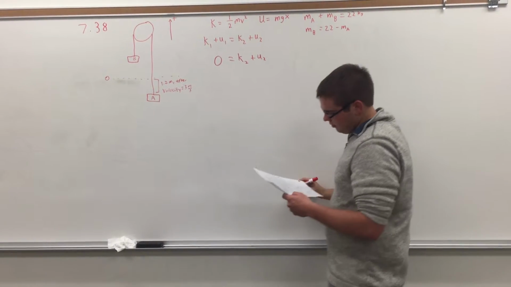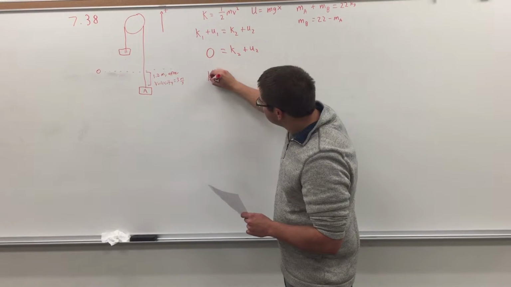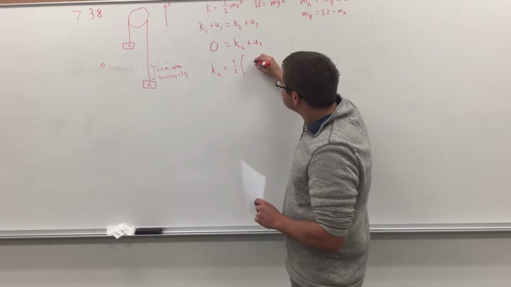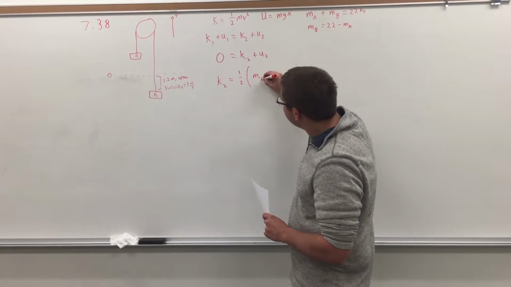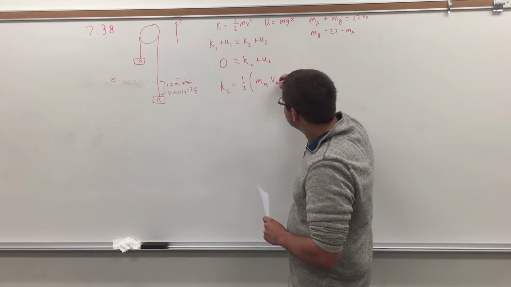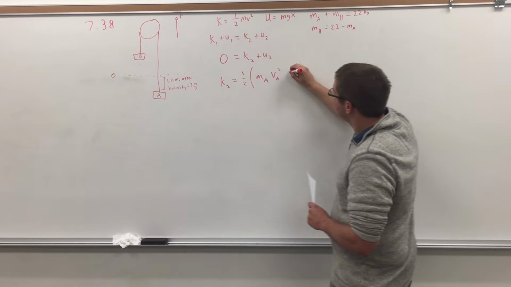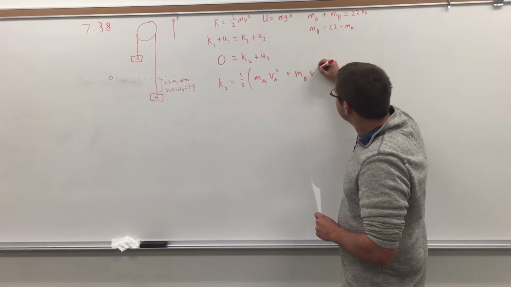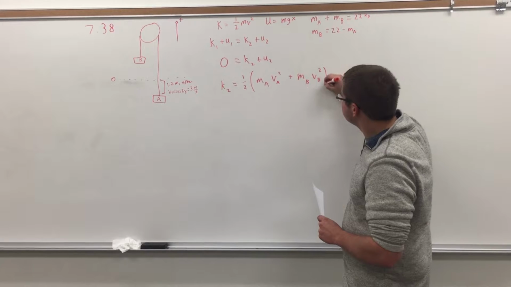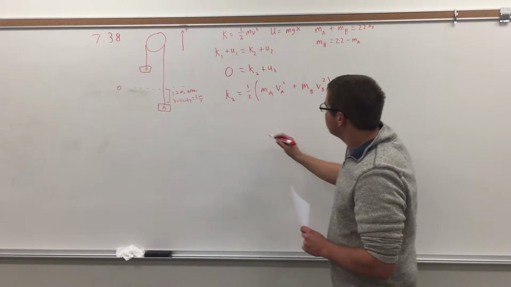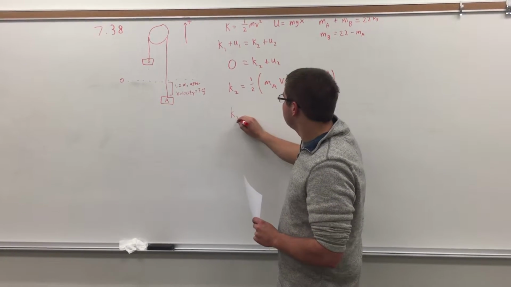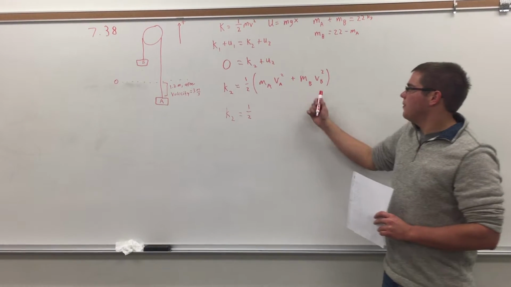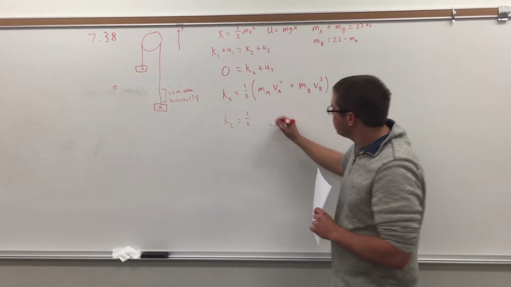So now let's solve for K2. And so K2 is going to equal 1/2 times the mass of block A times the velocity of block A squared plus the mass of block B times the velocity of block B squared. So we're going to get K2 equals 1/2. And so for both of them, they're both moving at 3 meters per second.